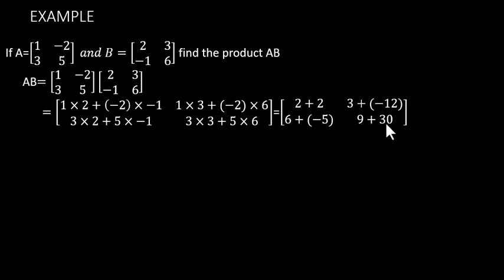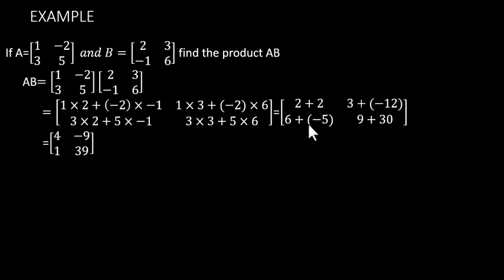So therefore, our final answer: 2 plus 2 is 4. Then 3 plus negative 12 gives us negative 9.